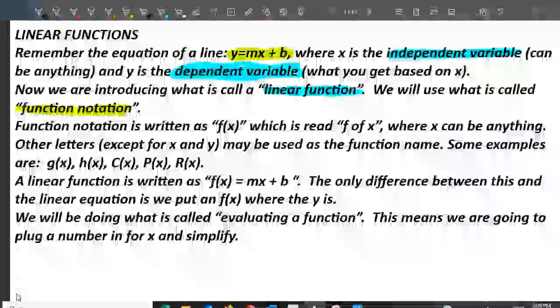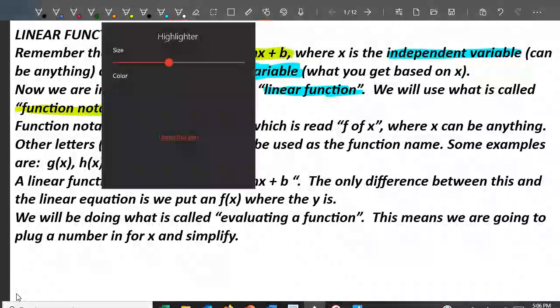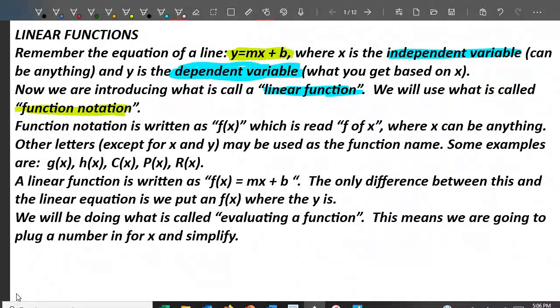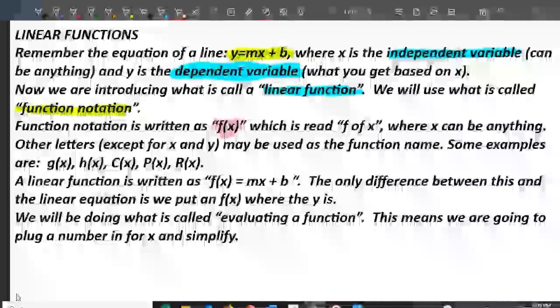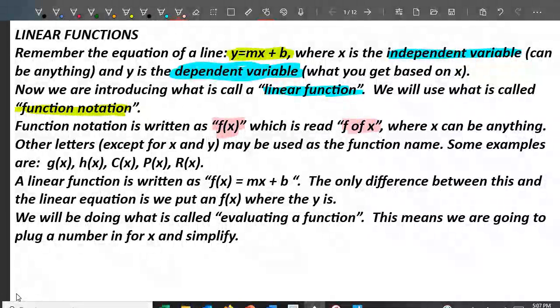Okay, function notation, let me change color right quick. Function notation is written like this. Now, that's not multiplication. How you read this is f of x. And x can be anything. So, the function value is what you get when you plug x into the function.